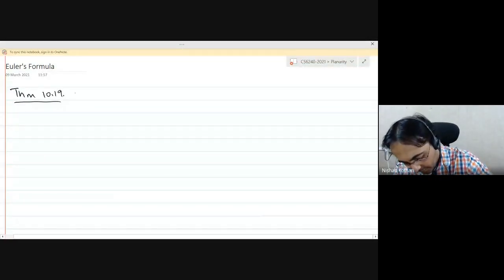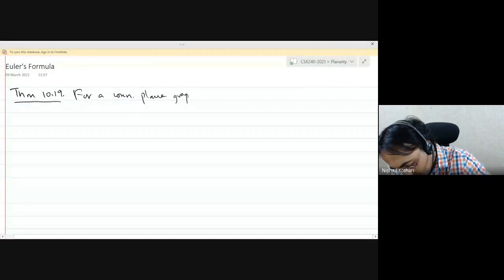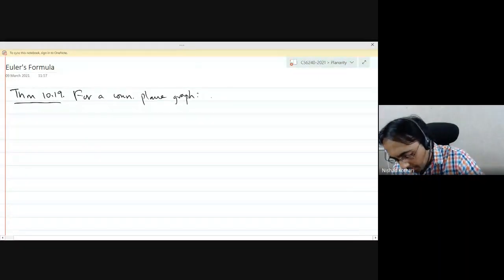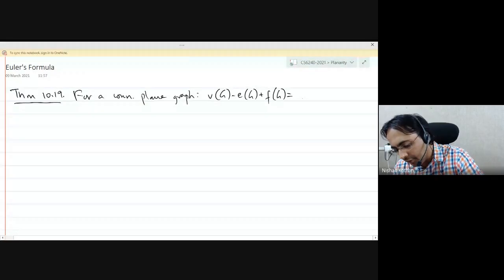For a connected plane graph, typically it's written as the number of vertices of the graph minus the number of edges of the graph plus the number of faces of the graph is 2.